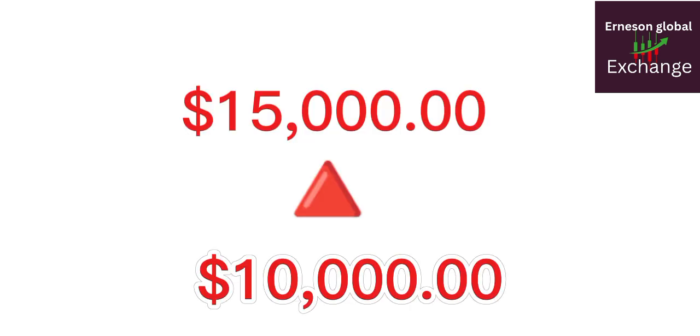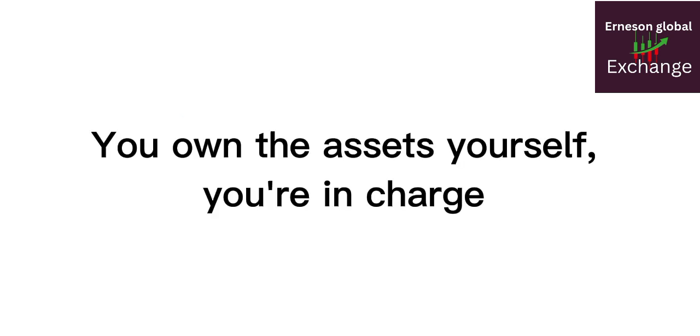But you can choose to hold the land until it appreciates to even above $10,000, even to $15,000, before you sell. That is making an extra profit of $5,000. So with spot trading, you are in charge of your assets, unlike the futures trade.